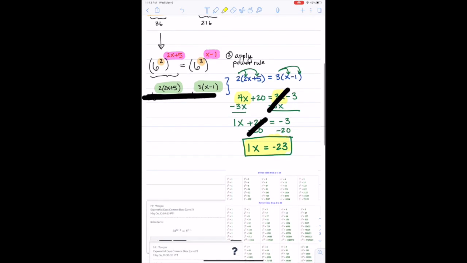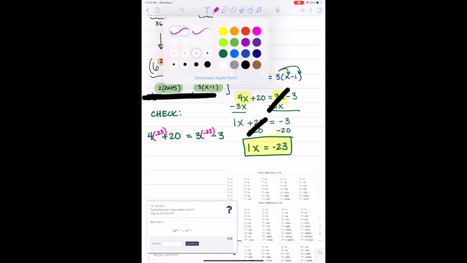Okay, there's nothing ever wrong with checking, so I'm just going to show you how you can check that your answer is correct. Check, right? So we knew that we were trying to solve this: 4x plus 20 is equal to 3x minus 3. And so I'm going to take away the variables. And if I believe the answer to be negative 23, I'm going to check that.